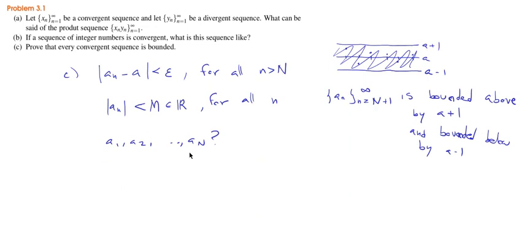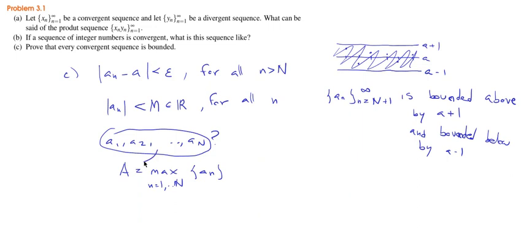This is a finite set, so we can actually find, let's call capital A the maximum for n equal to 1 to N of a_n. And we can actually take the maximum of the absolute value of this, because it is a finite set.